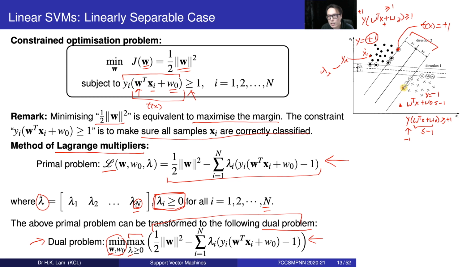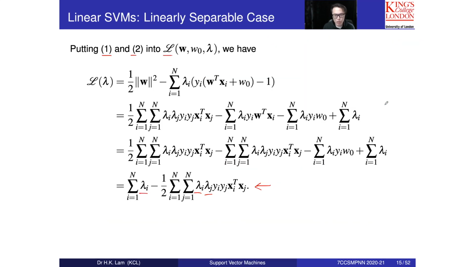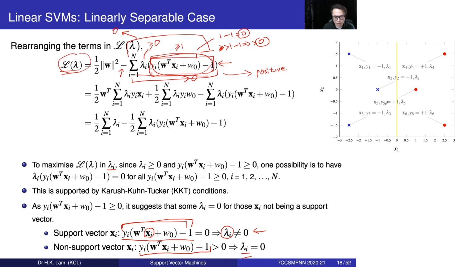When this one is substituted into fx, it will become -1. So only the support vectors give us this condition, where this one becomes 0. So only the support vectors give us lambda I non-zero.